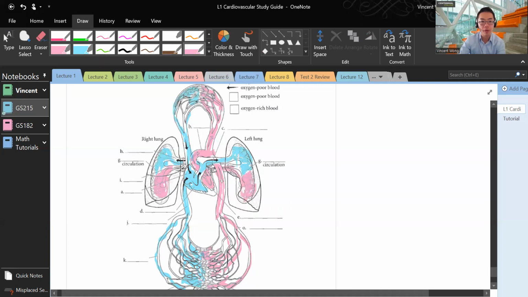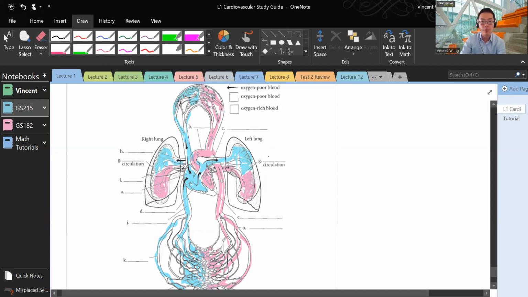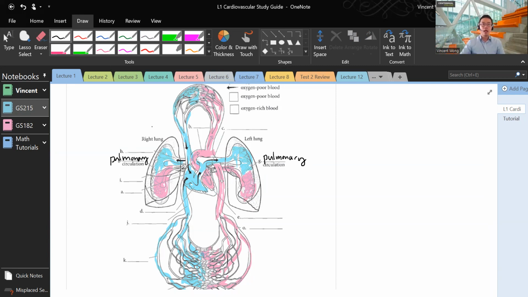So this part, where you send the oxygen-poor blood to the lungs for reoxygenation, is what we call the pulmonary circulation. So systemic is to get the oxygen to the body tissue, whereas pulmonary circulation is to recharge the blood, to add oxygen to it.